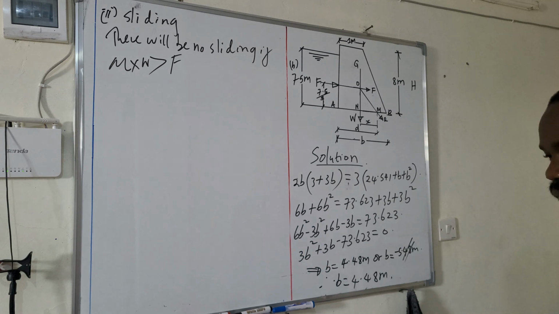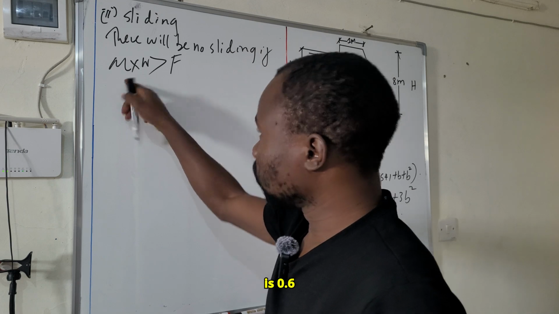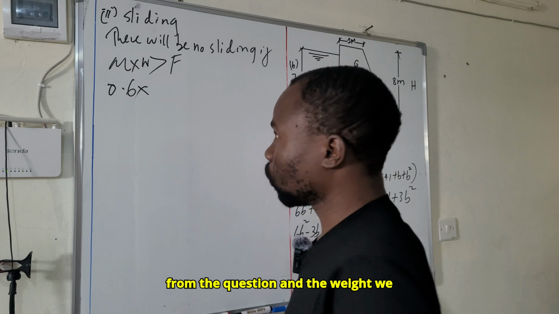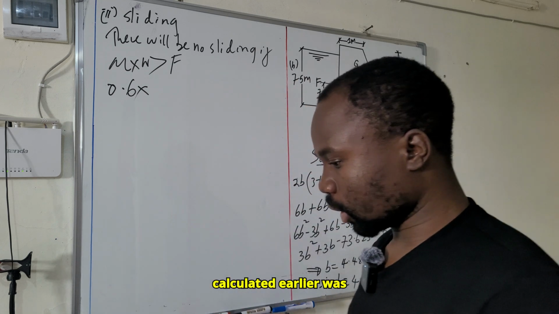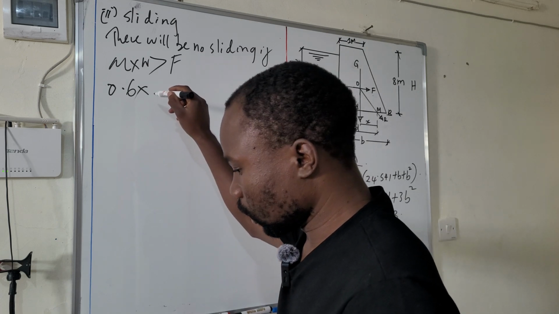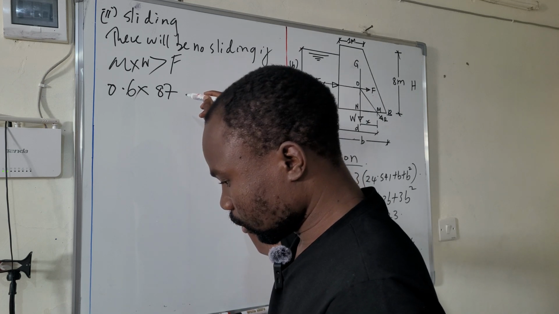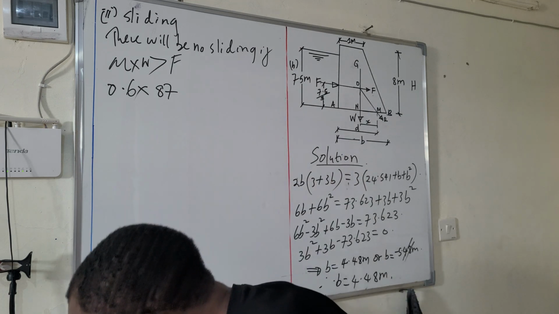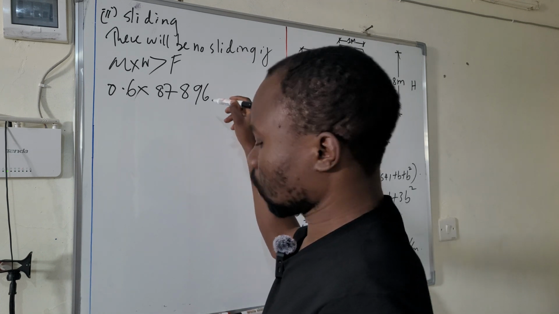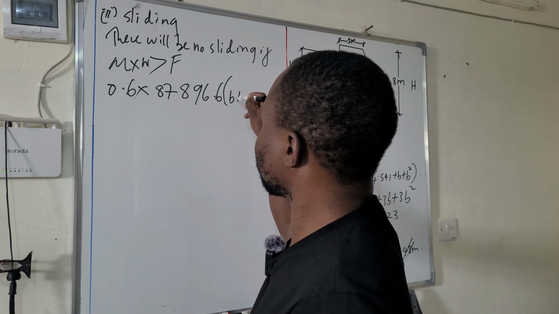We know that mu is 0.6 from the question, and the weight we calculated earlier was 896.6 times (B plus 1).